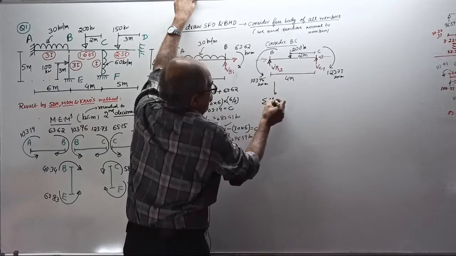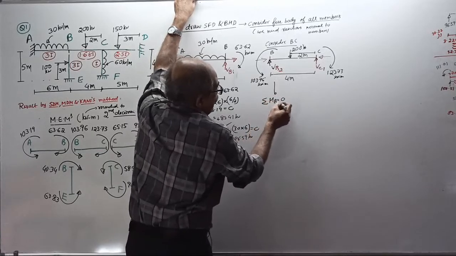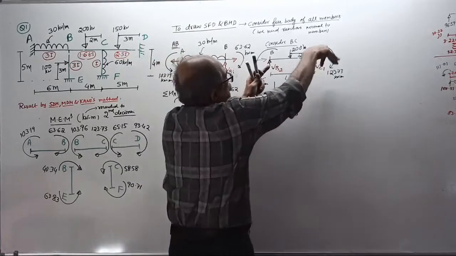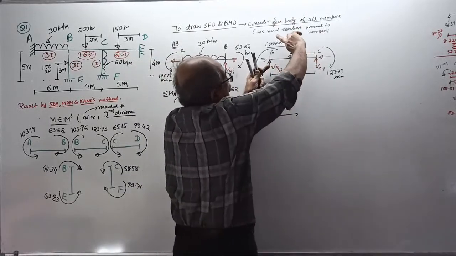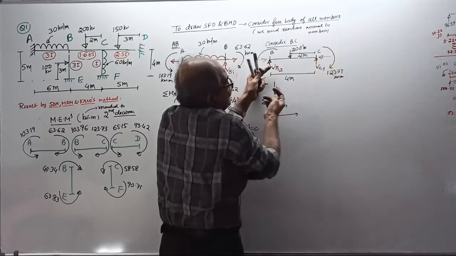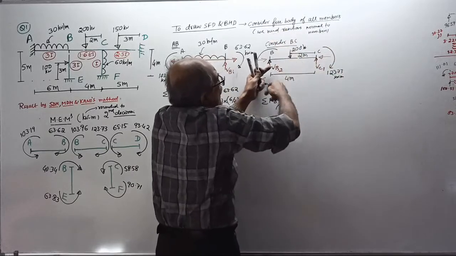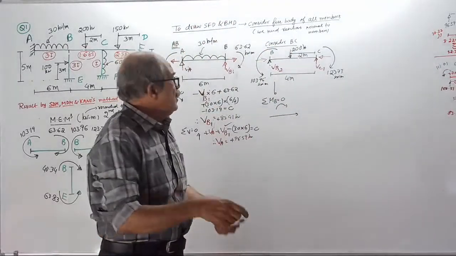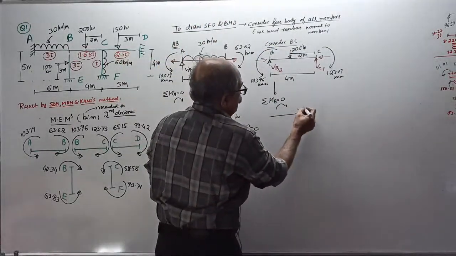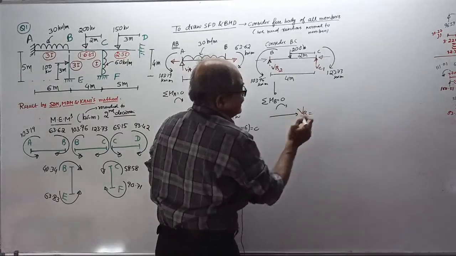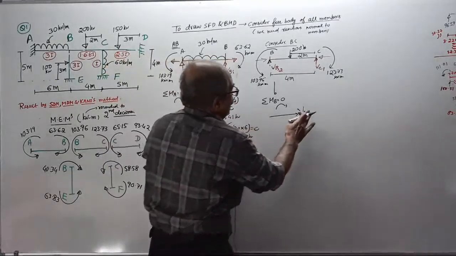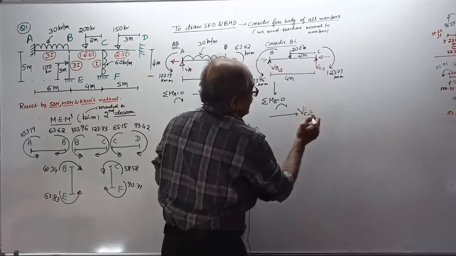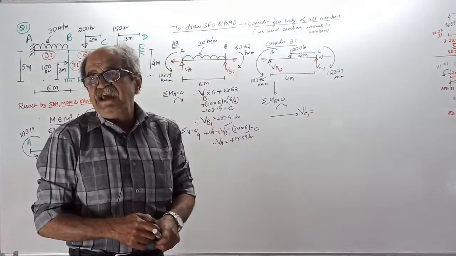Start. Tell me the value. Sigma M about B equal to 0. Take clockwise positive. Minus VC1 into 4 plus 123.73 plus 200 into 2 minus 103.96 equal to 0. You will get the value of VC1. Those who are serious should write it.